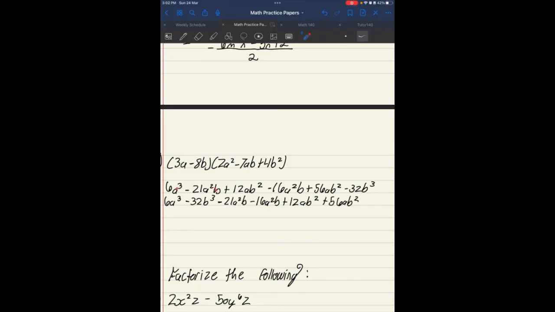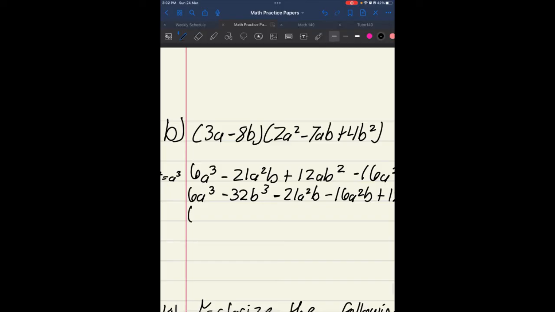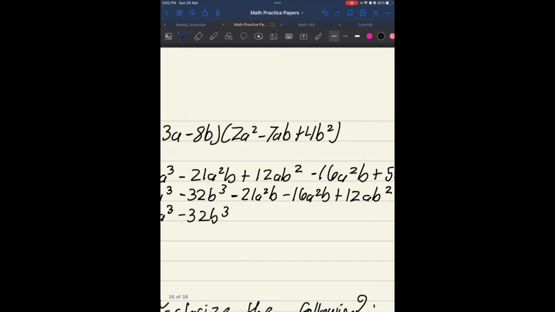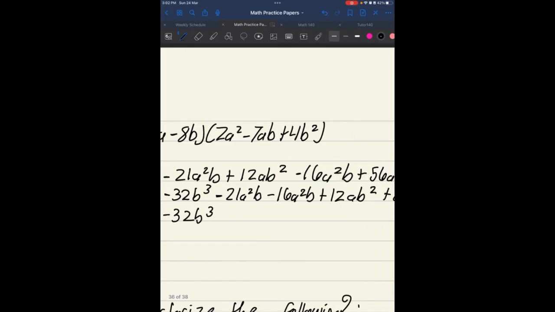Let's count it. 1, 2, 3, 4, 5, 6. Okay, yeah. So now let's just simplify it. So we have 6a cubed, minus 32b cubed, negative 21 minus 16, that's negative 37a squared b. So we're just adding these two.